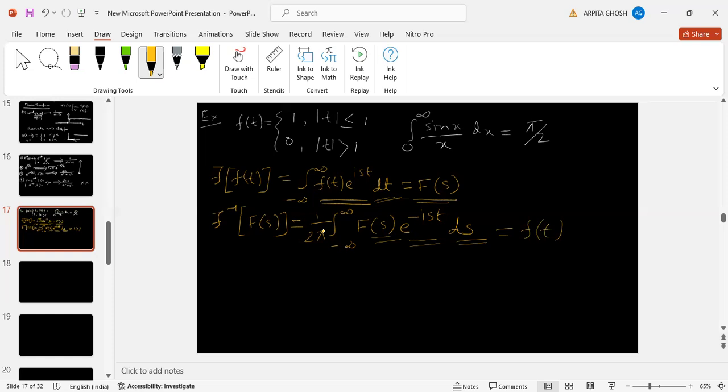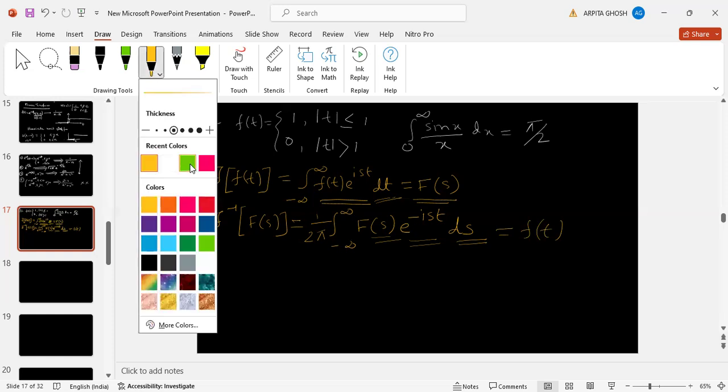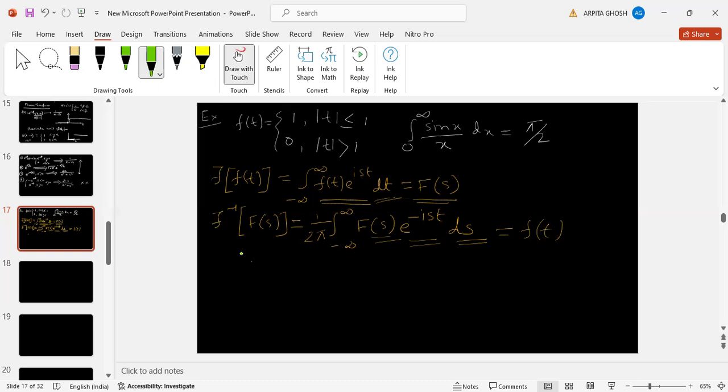Either we will use this set of formula or we may use another set of formula, and that set of formula is: Fourier transform of f(t) equal to 1 by root 2 pi, integral from minus infinity to plus infinity of f(t) e to the power ist dt, and this is, say, capital F of s.